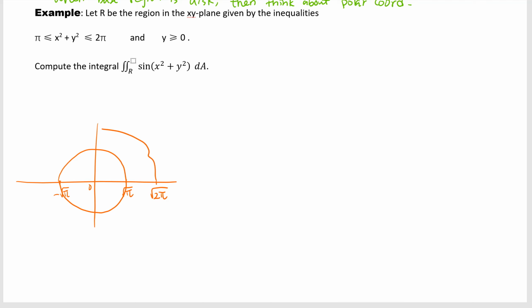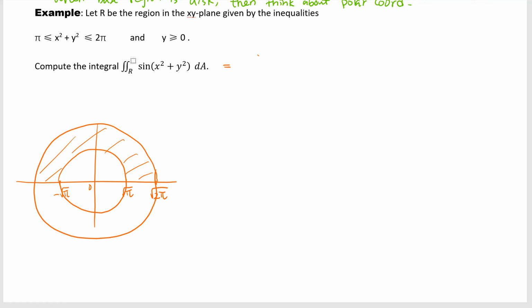It's the biggest circle. Okay, and y is greater than or equal to 0, so this is the region. So far, so good, everybody?